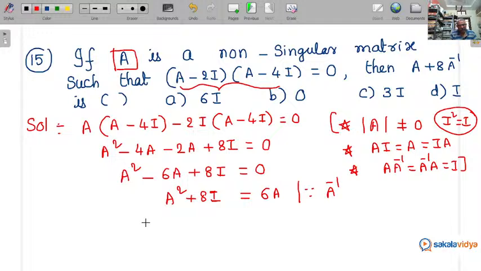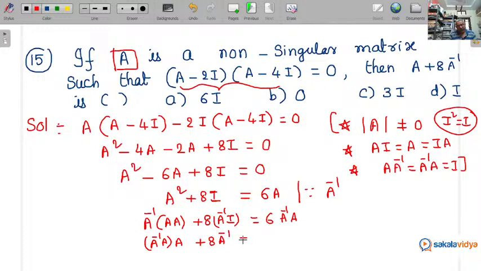Then what do we get? This is A inverse of A square, means A into A, plus 8 into A inverse of I, equals 6 times A inverse of A. So using these properties, we can write A inverse A of A plus 8 A inverse I. A inverse into I is A inverse only.